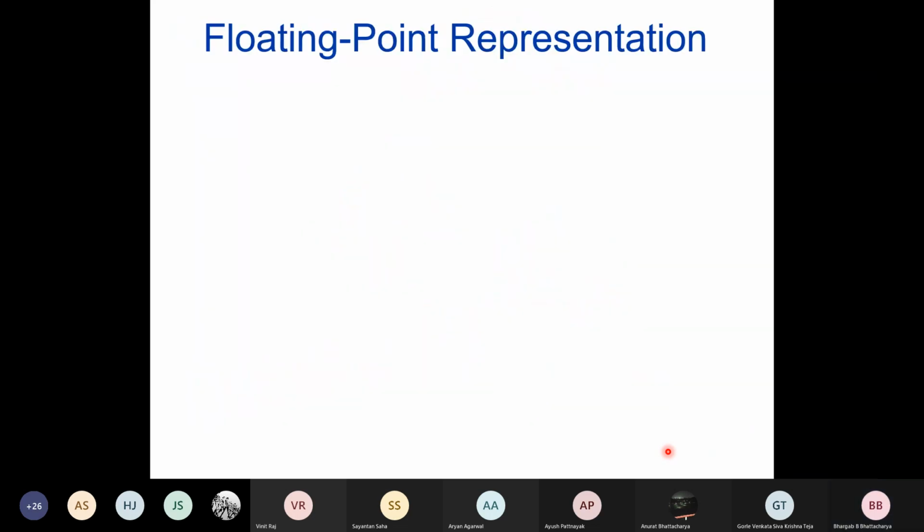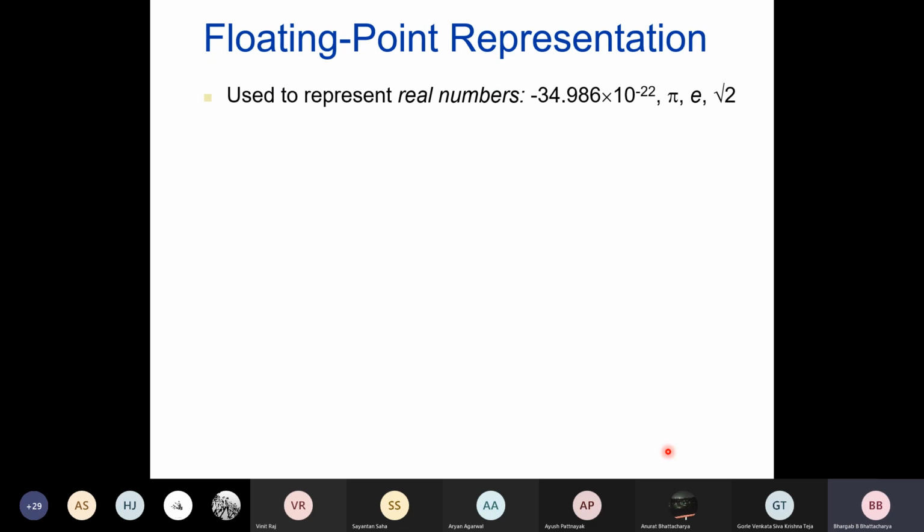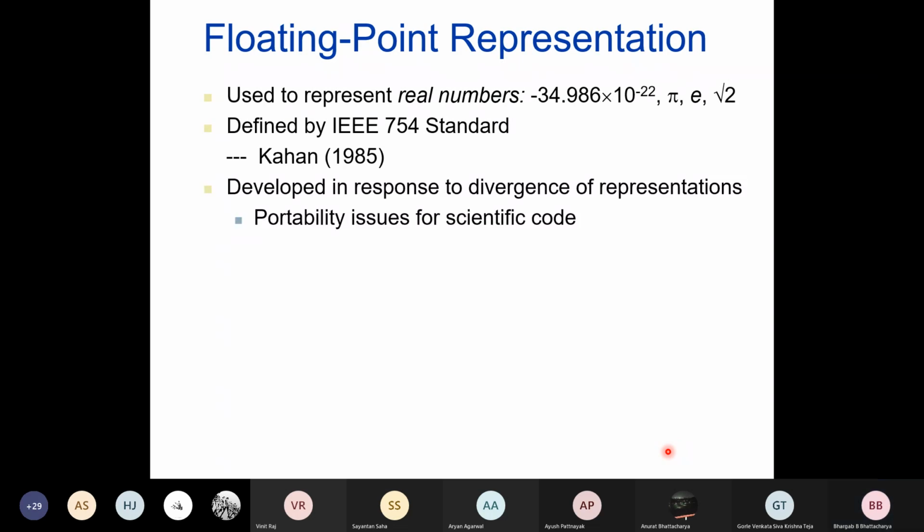Okay, so let me review floating point representation very quickly. I guess you are already familiar with it. Floating point is used to represent real numbers, which could be very large or very small, like pi, e, or root over 2. It is standardized by the IEEE 754 committee, which was led by William Kahan in 1985.